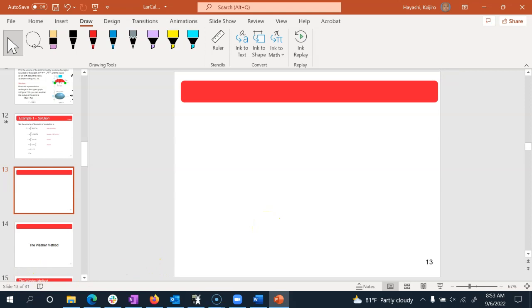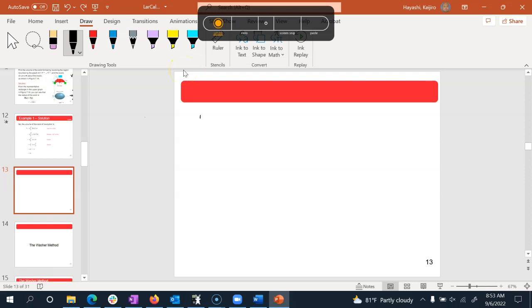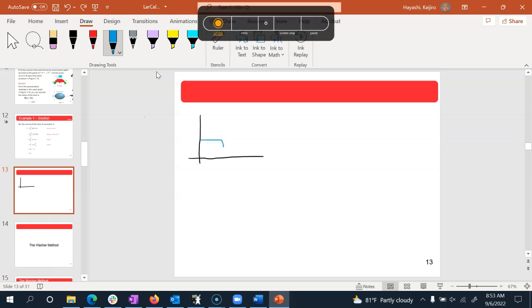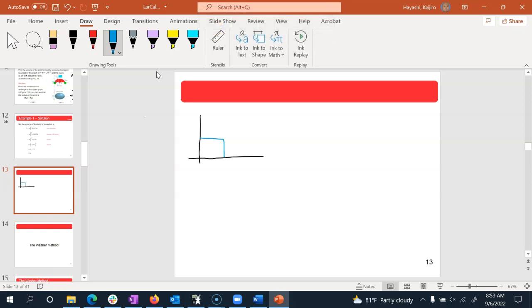An example of that would be, you might be taking an area like this, and of course, at this point, you might expect, oh well, you can totally rotate around the y-axis.